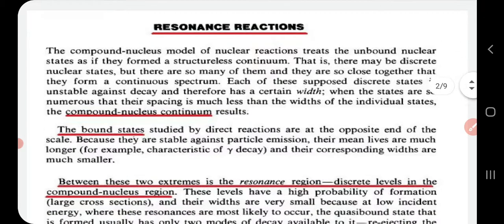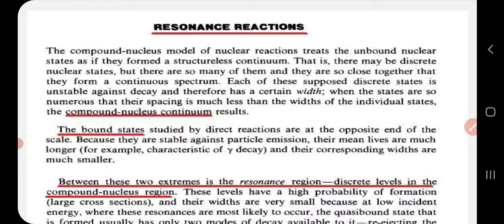That is about compound nuclear states. Now, at the extreme other end of the compound nuclear state, we have the bound state. It is studied by direct reactions. Compared to the compound nuclear state, the bound states are stable against particle emission.